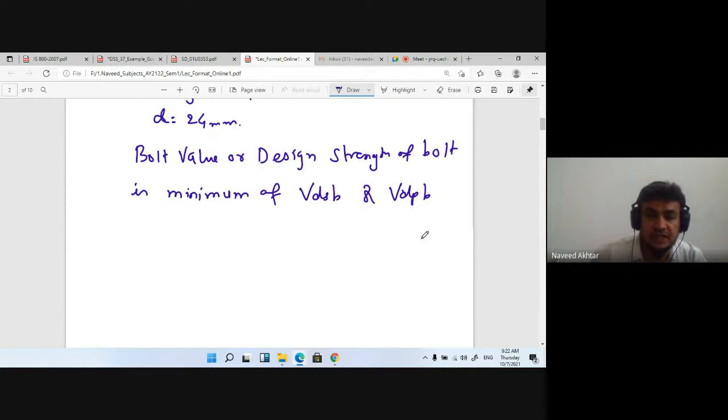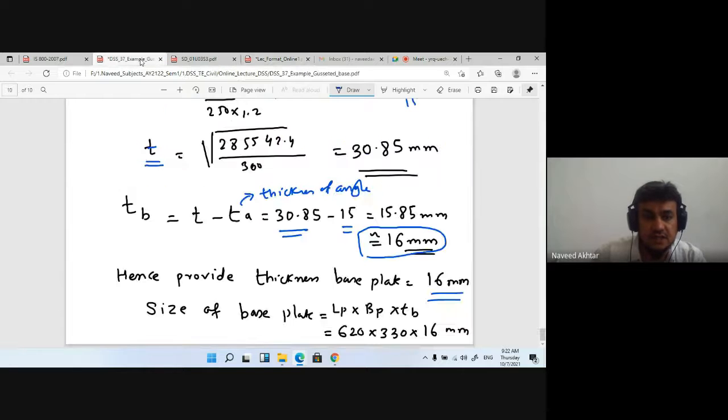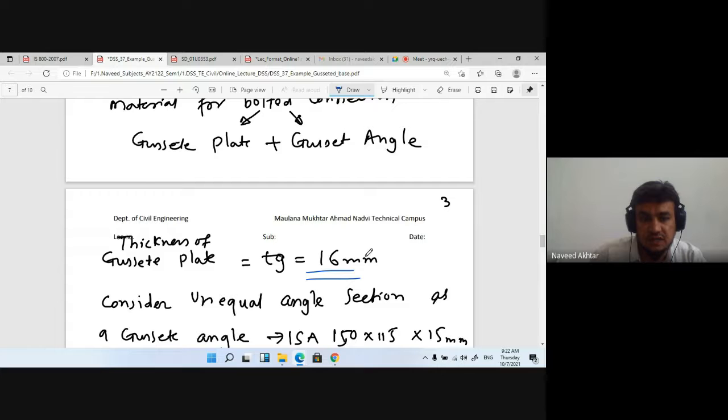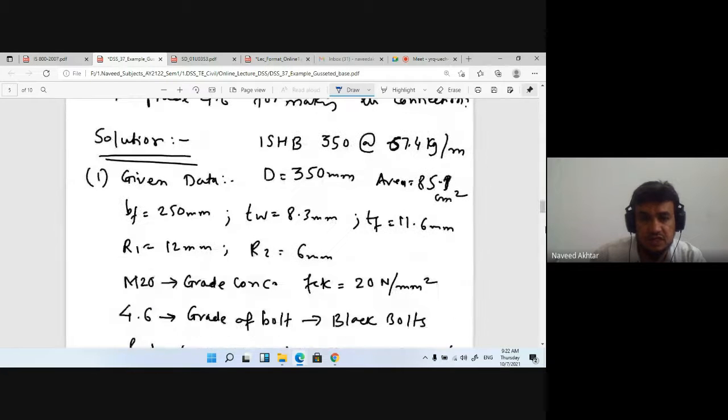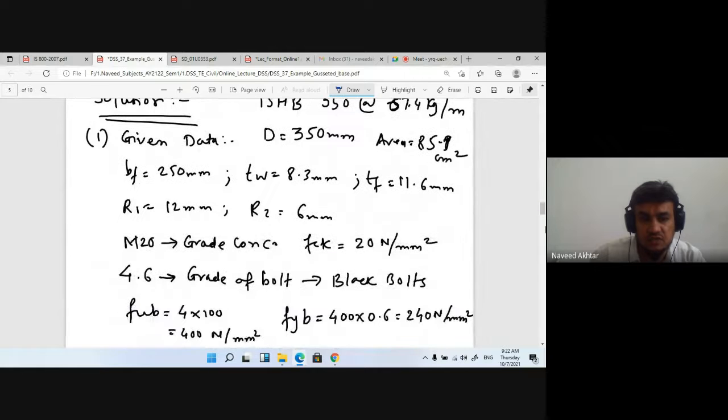You know that in the example, these values are given. If you see, the values are given in the example: grade of bolt, grade of concrete.